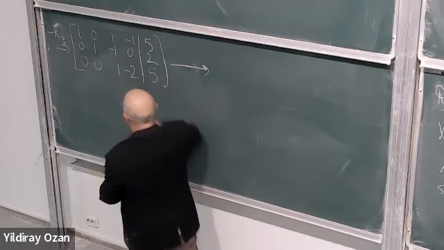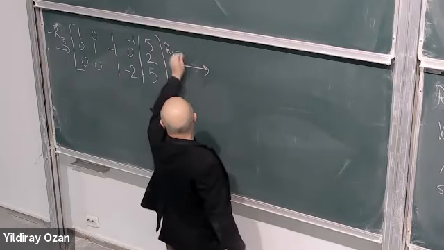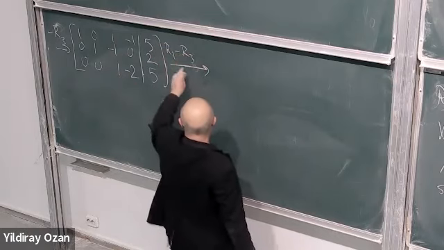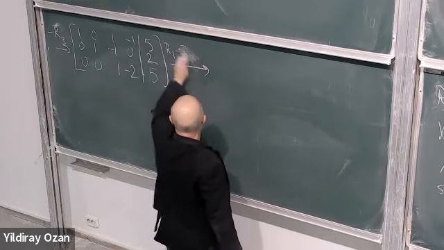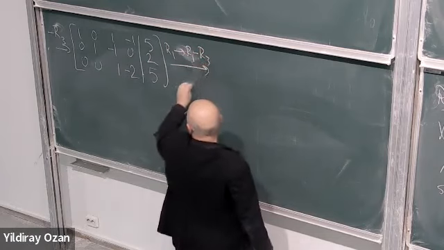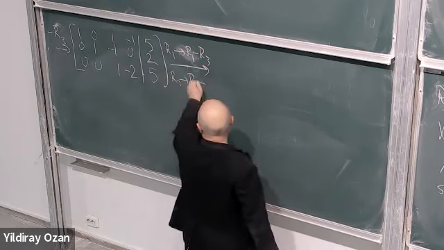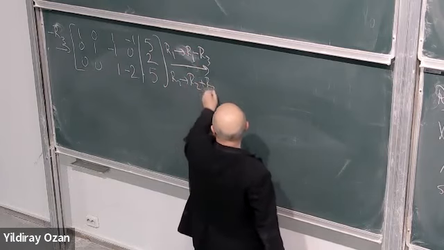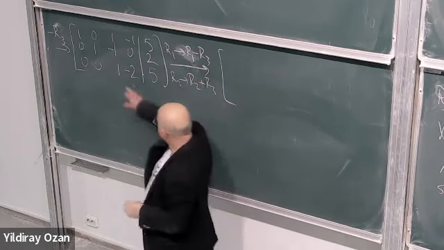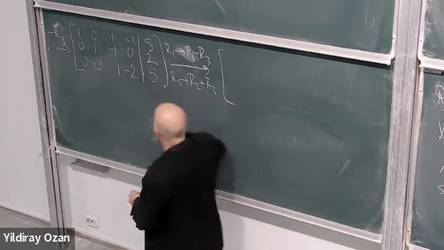Yani şunu öldürmek için ne yapacağım? R1'e R3 çıkartacağım değil mi? Pardon şöyle yapacağım. R1 and R2 will go to R2 plus R3. So I just subtract third row from the first one.